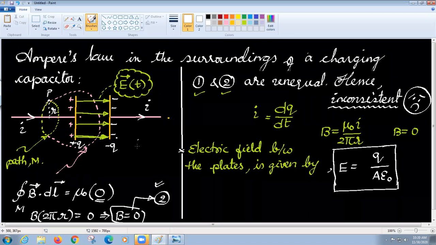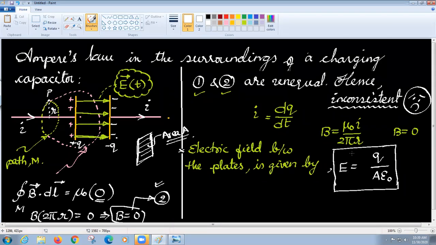We just took only one of the edges of the plate, but actually you have a plate like this, whose area is say A. All right, so E is equal to Q over A epsilon naught.